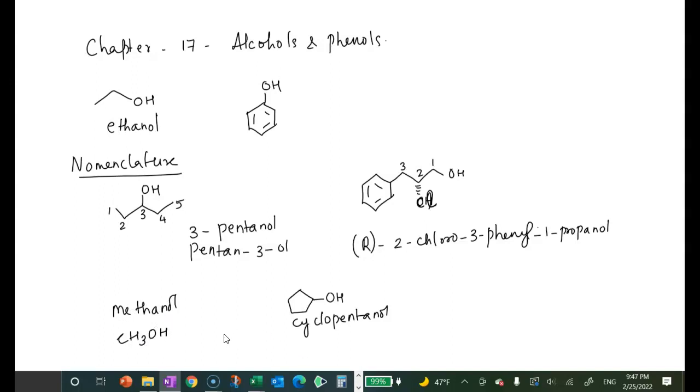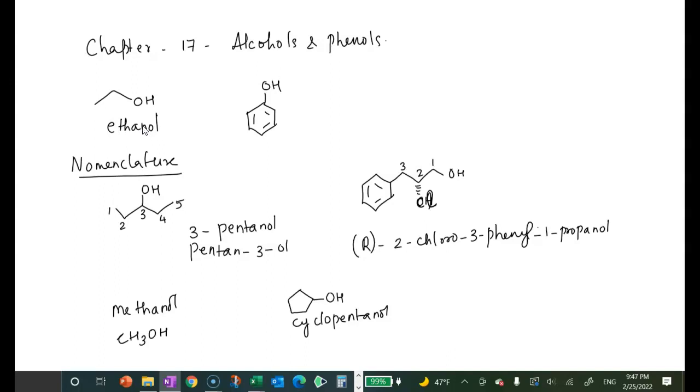Another common alcohol that we are familiar with is ethanol, which is obtained by the fermentation of grains. This is the drinking alcohol, and also it is used as a solvent. So we will be using ethanol as one of our solvents in many experiments. This is also a very important starting material for a number of important organic compounds.